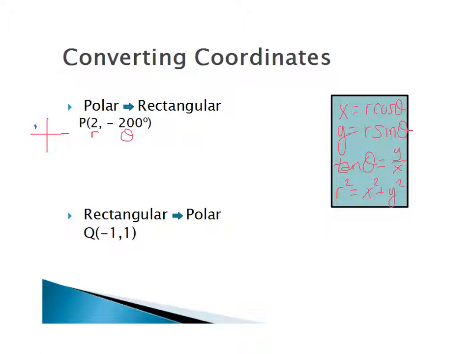But it is in degrees, and they won't always be, but this one is, so check your mode real quick and make sure that you are in degree mode. And then to find the x coordinate, I'm just going to take 2 times the cosine of negative 200.